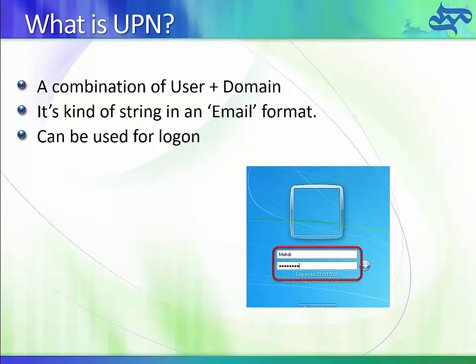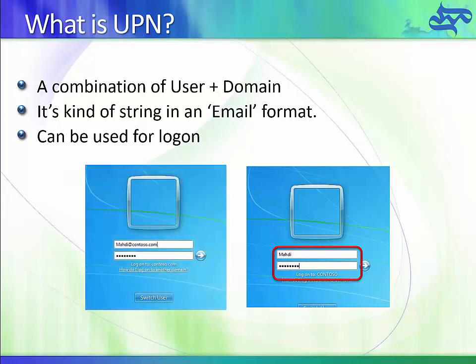This is just a user account and the password. This is the first mechanism. But the second mechanism, as we talked about, is using UPN. As you can see, again, it is a combination of user plus domain in an email format, which is mahdi@contoso.com, and this can be used for logging on by using the UPN of our user account.